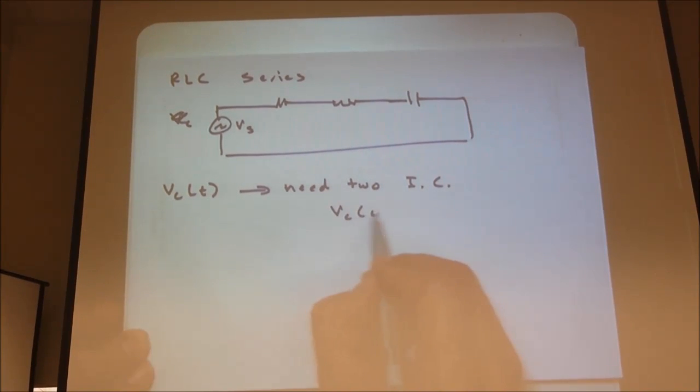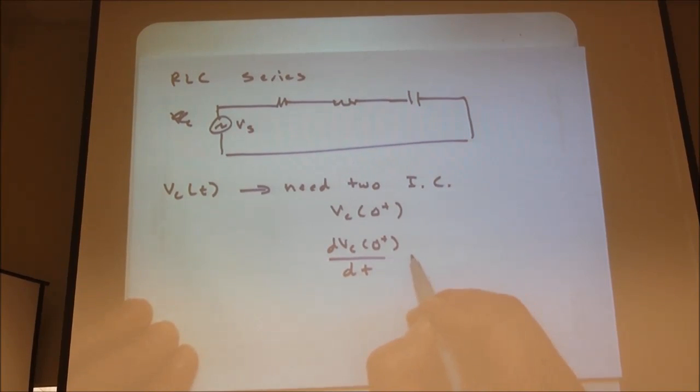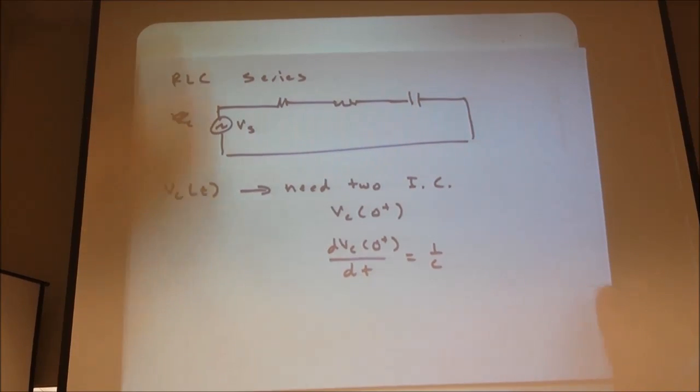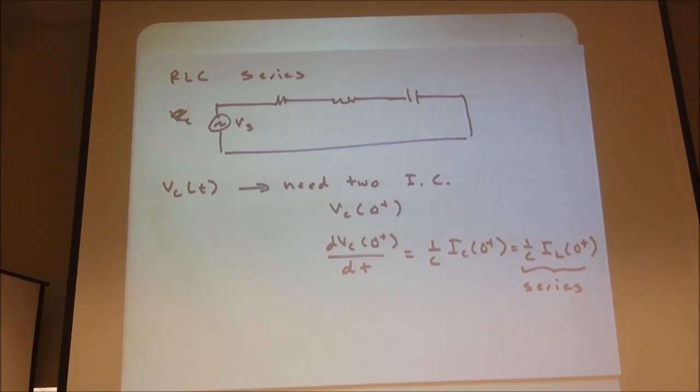We need VC(0+) and dVC(0+)/dt, which we know is IC(0+) over C, which is 1 over C times IL(0+). This is from the series. So there's our two initial conditions, and we can apply those.